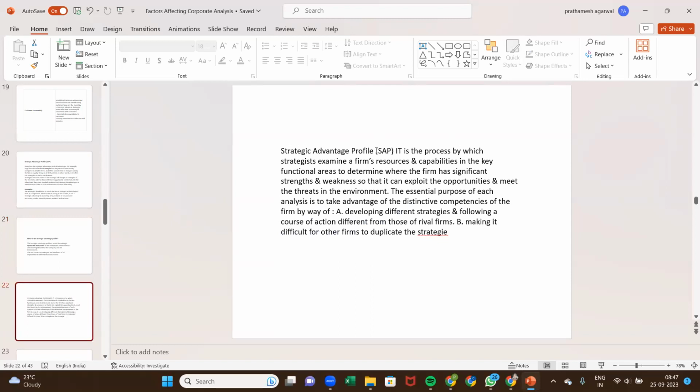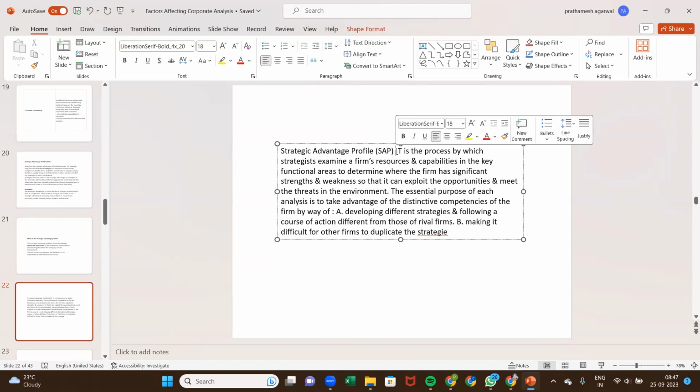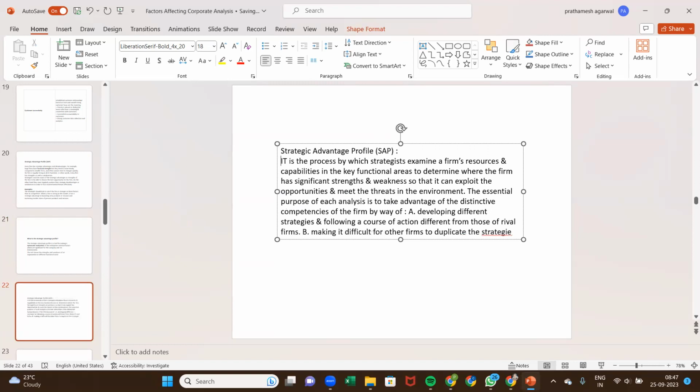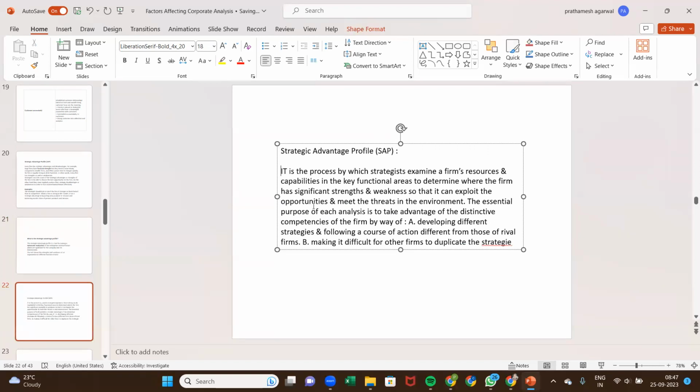The Strategic Advantage Profile, SAP, is the process by which strategists examine a firm's resources and capabilities in the key functional areas to determine where the firm has significant strengths and weaknesses so that it can exploit the opportunities and meet the threats in the environment.